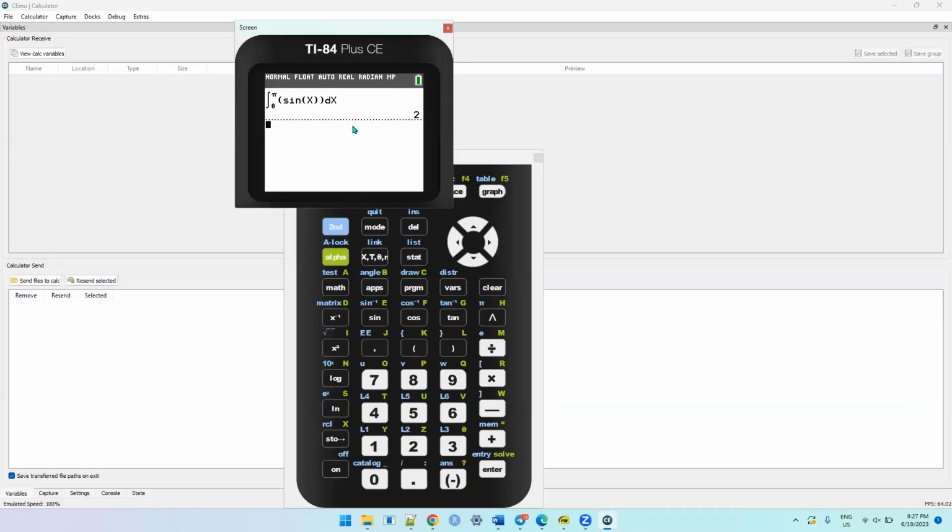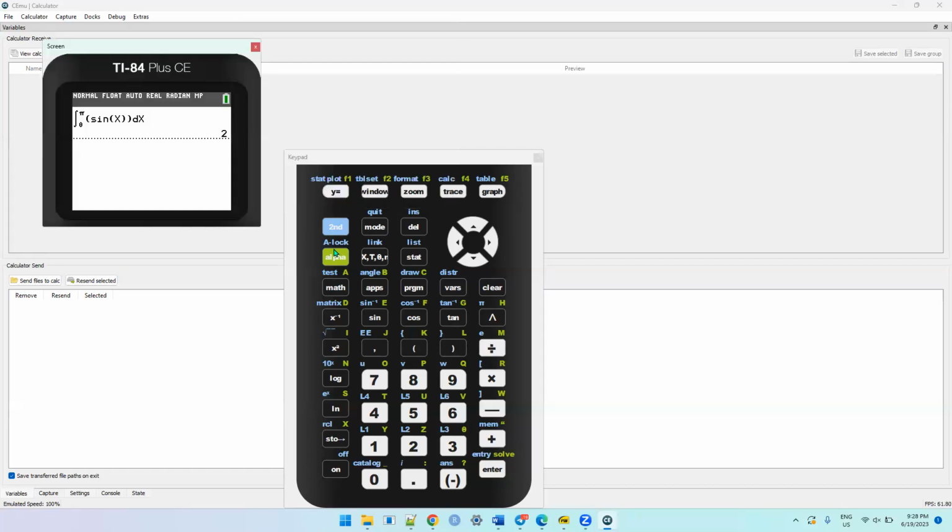Let me know if you're lost. You go math, then 9, then function integration. Then you can type in any integral you want, provided you give the limits. Let's say I go negative pi to positive pi of cosine x.